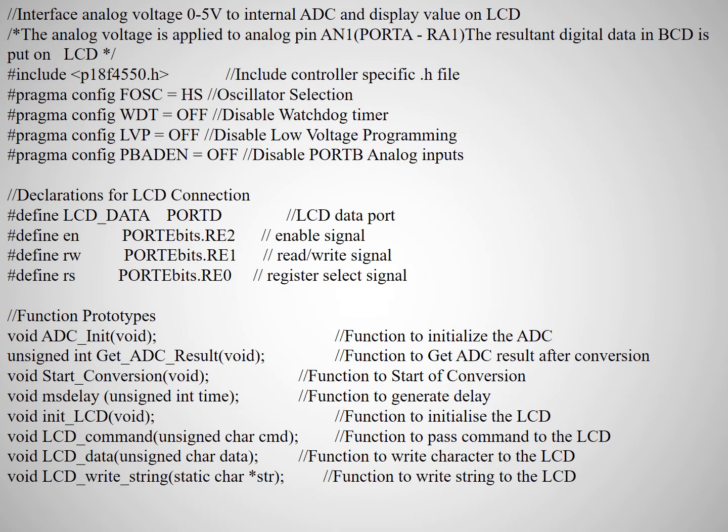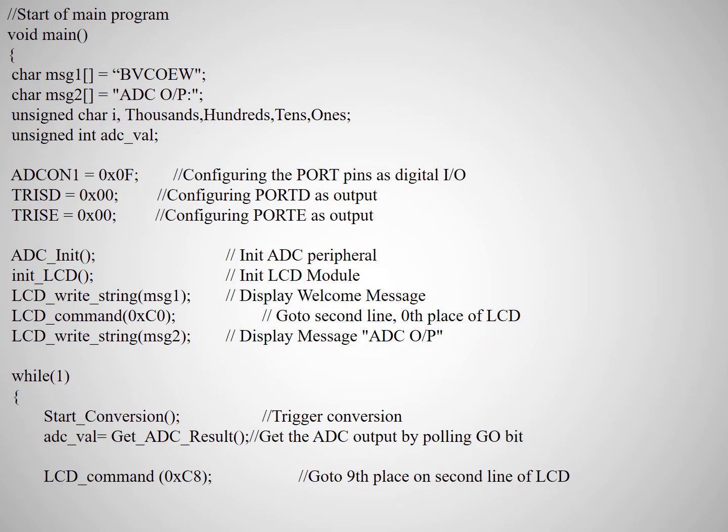These are the functions that we are going to use in our code, like ADC initialization, getting the value from ADC, start conversion, delay, and for LCD, there is initialization, command, data, and to write whatever we have to write on the LCD. Now we will see the program.